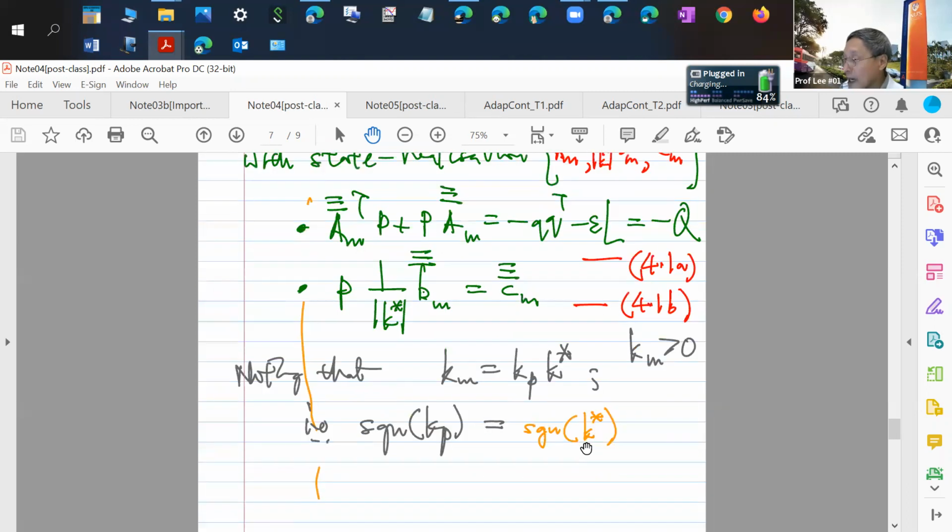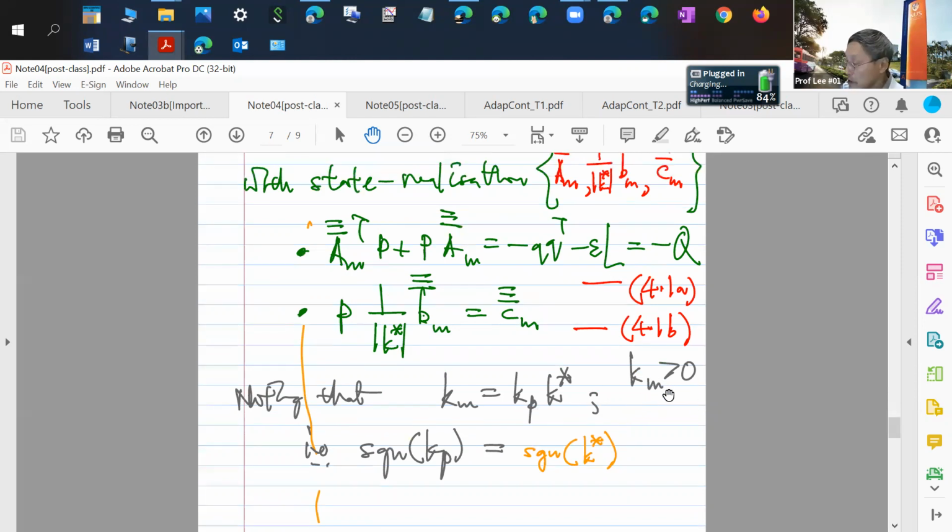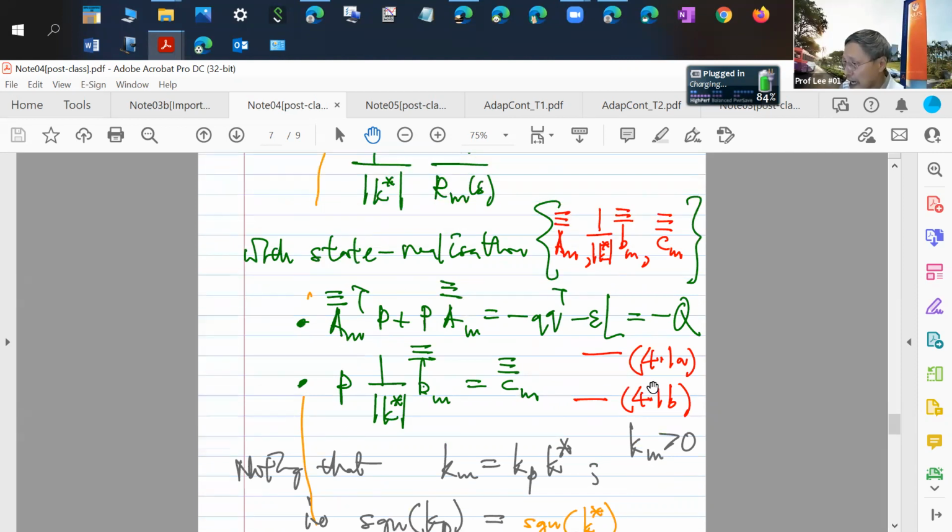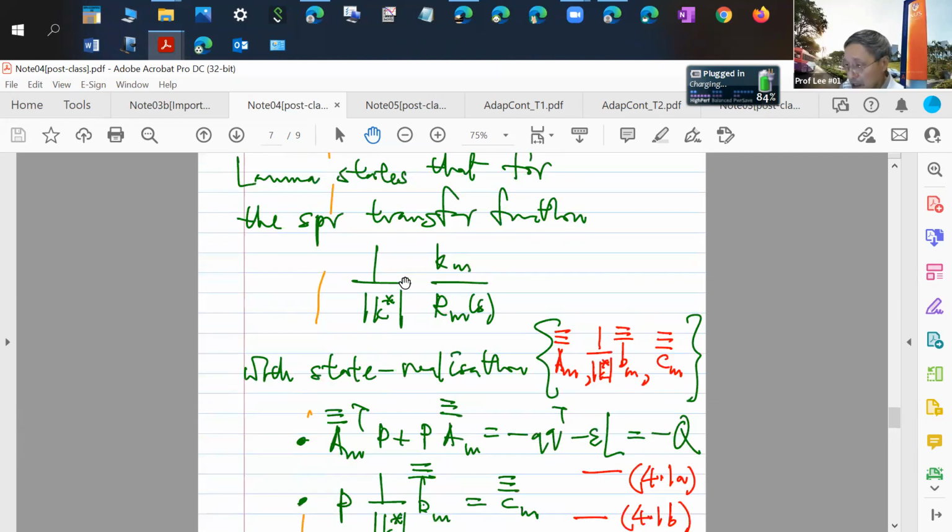So I go back now, remembering this part from the earlier part. In the way that we will set up the reference model, we will set it in a straightforward way, because there's no sense in putting KM negative and having your system turn the other way around.